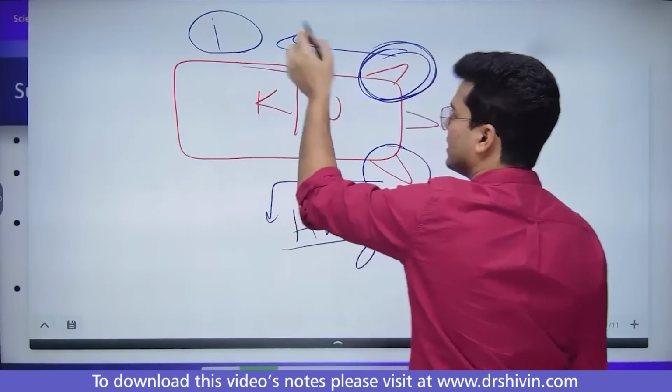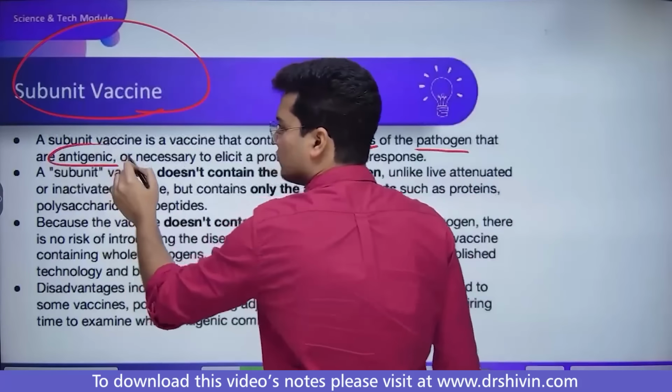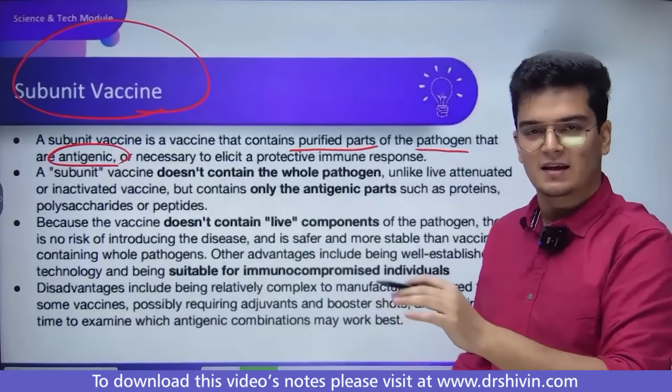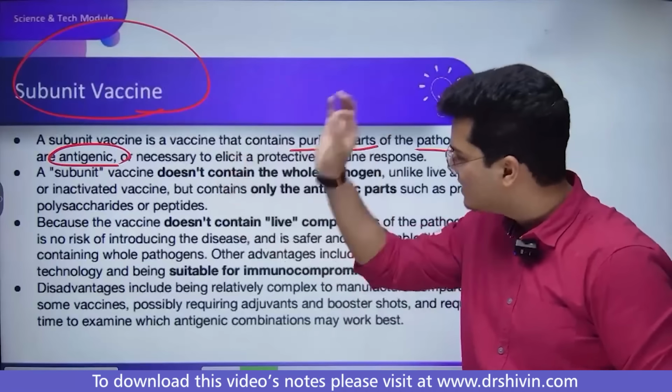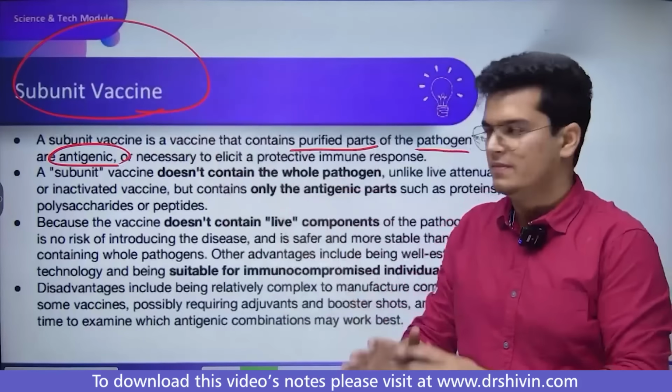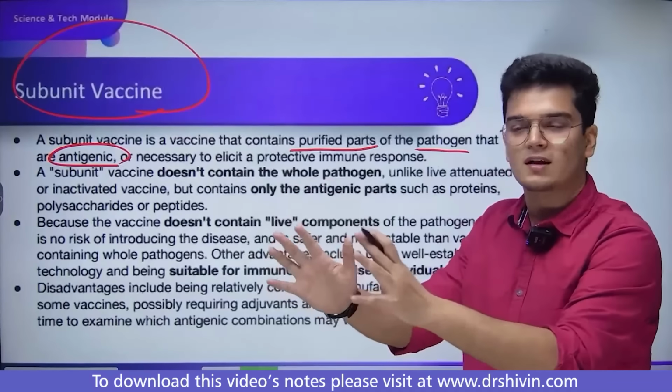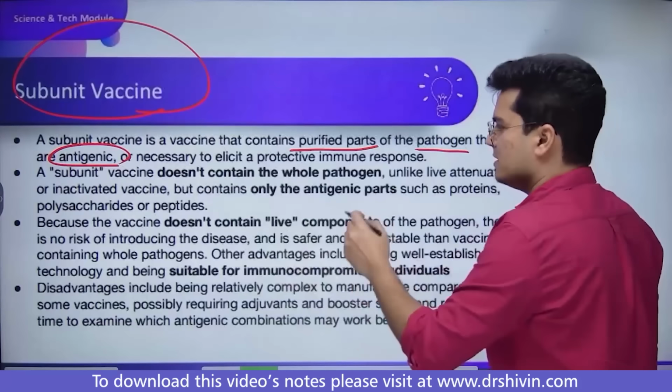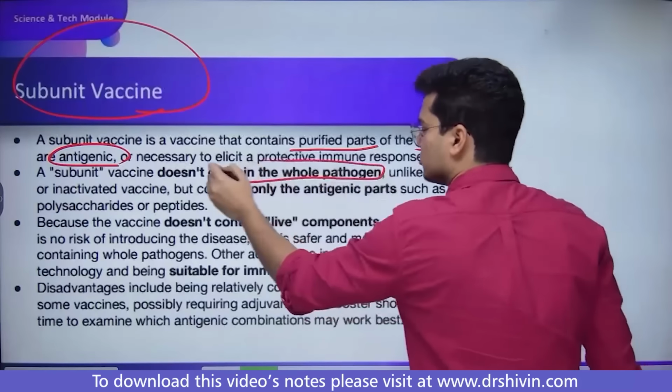A subunit vaccine contains only the purified parts of the pathogen that are antigenic. The antigen of the pathogen, only that is purified and delivered. The entire pathogen is not delivered. Okay, this does not contain the whole pathogen.